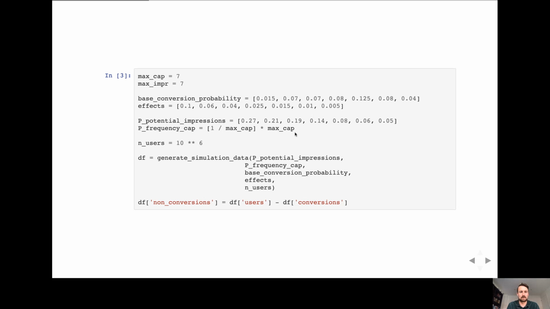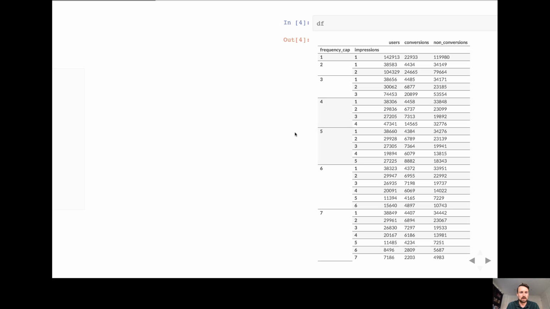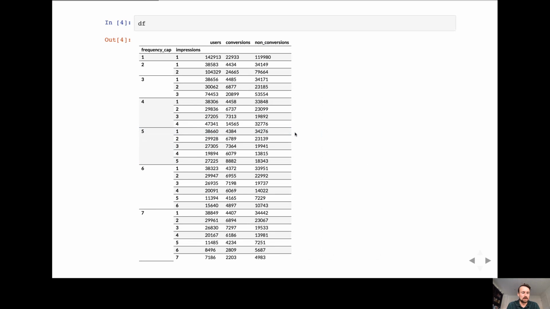So let's take a look at our data. What we can clearly see here is different buckets of frequency caps, which we used for our A/B test. And within each frequency cap bucket, we can see that there's a maximum to the amount of impressions users can get. Then we have the amount of users, the amount of conversions, and the non-conversions is simply the amount of users minus the conversions, which we'll be using later on.